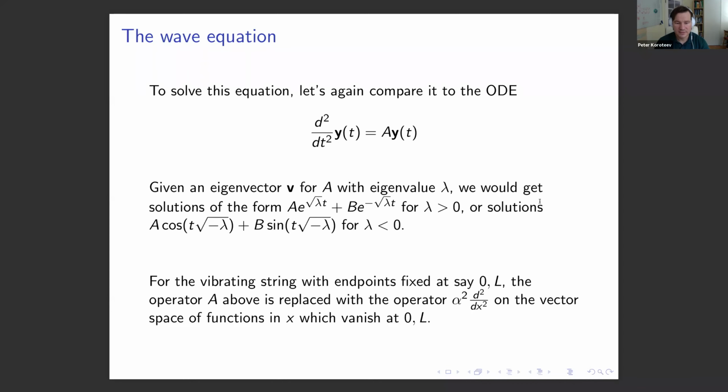So for the vibrating string with endpoints fixed at 0 and L, the operator A in this equation is replaced with the operator alpha squared d2 over dx squared on the vector space of functions in x which vanish at 0 and L, because at those points the string is firmly attached to the anchor points, and it does not move up or down.